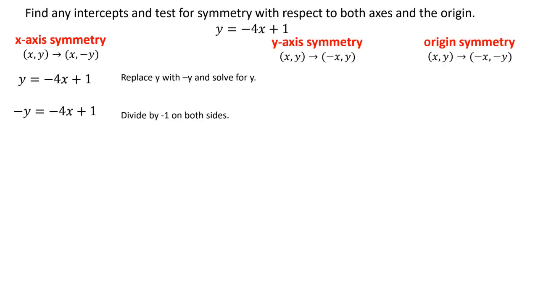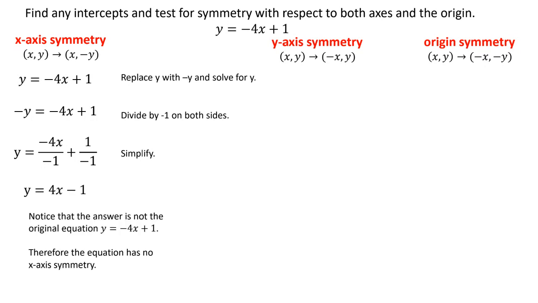We'd have to divide both sides by -1 or multiply by -1, whichever you feel more comfortable with. And I would get y is equal to 4x minus 1, which is not the original equation. I actually changed it. My original equation had a -4x. Now I end up with a positive 4x. My original had a positive 1. Now I have a -1. So since these two equations are not the same, this has no x-axis symmetry.